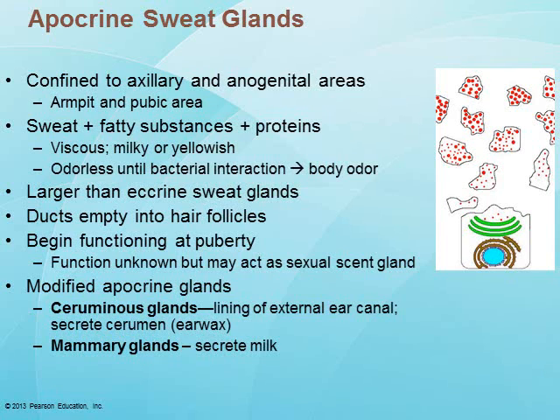So all those are apocrine glands. Okay. So it's very important to distinguish the eccrine and apocrine glands. Eccrine is for thermoregulation, and apocrine is only confined to the axillary and also the pubic area.